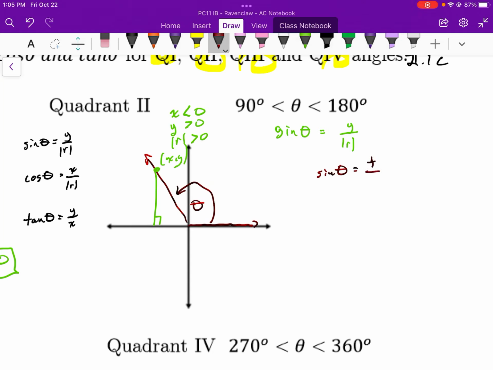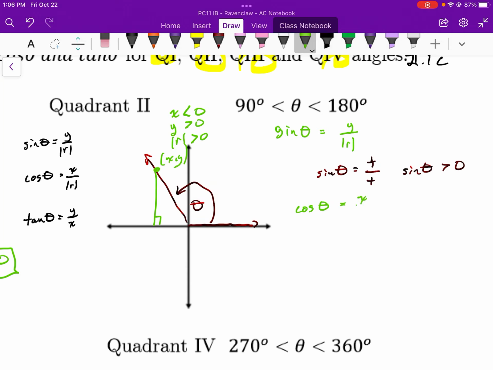My radius vector r will also be positive. So what can we conclude? Well, we can conclude that sine theta is a positive divided by a positive, or sine theta is positive. Now cosine theta, for all angles in quadrant number 2.